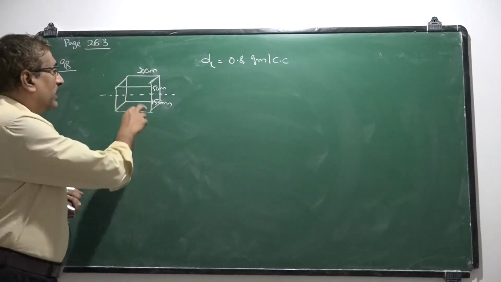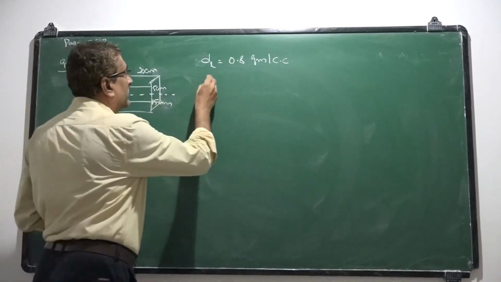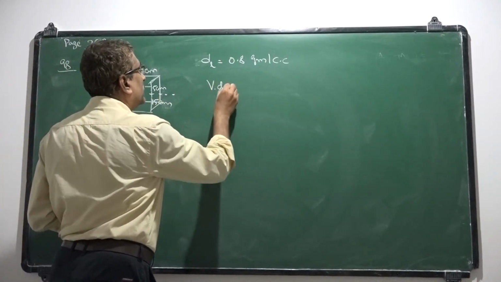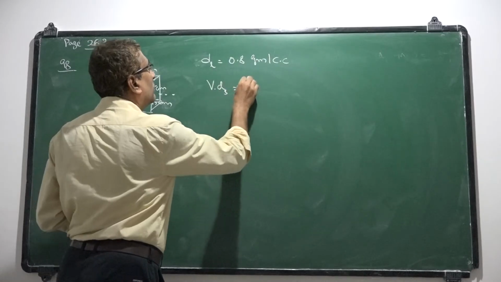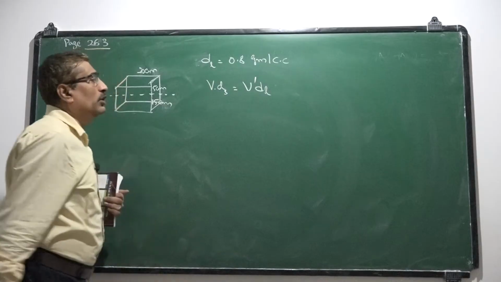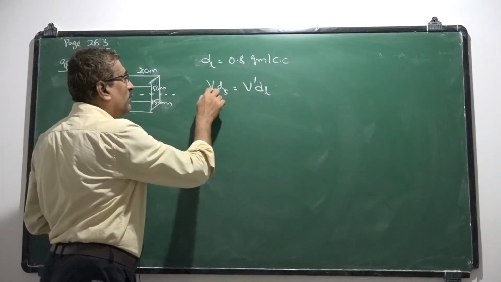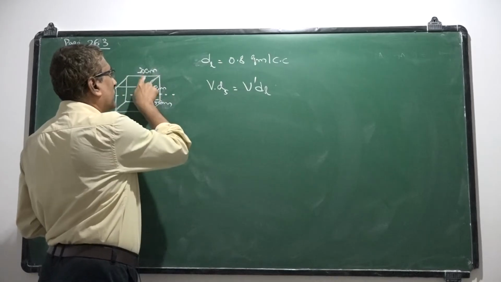Okay? When a body is partially immersed in a liquid, then the condition is volume of the body into density of the body is equal to volume inside the liquid into density of the liquid. So you have to apply this condition. Now, volume of the body means entire body, that is the cube.